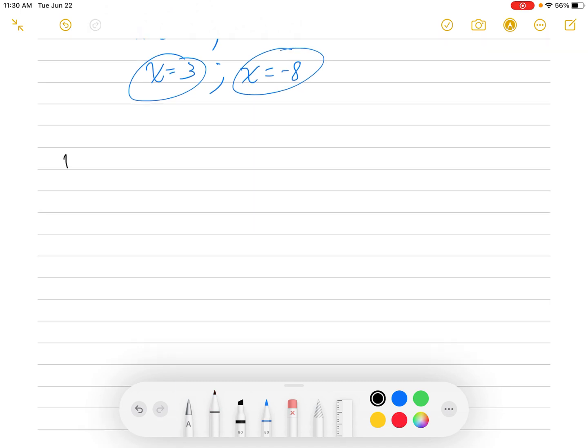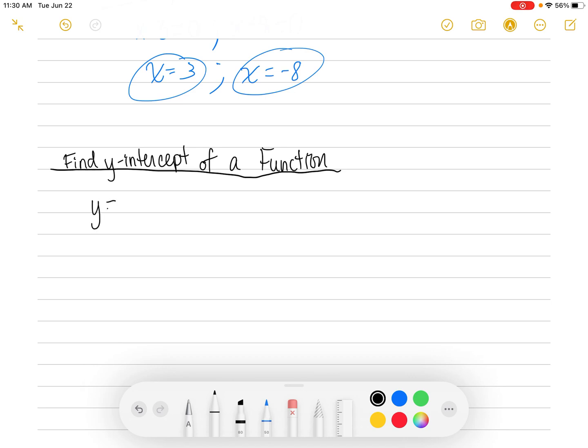Now, as far as finding y-intercepts, that doesn't change at all. Let's remember how to find the y-intercept of a function. There's just going to be one y-intercept of a function. Basically, you just set your x equal to 0 and solve for y.